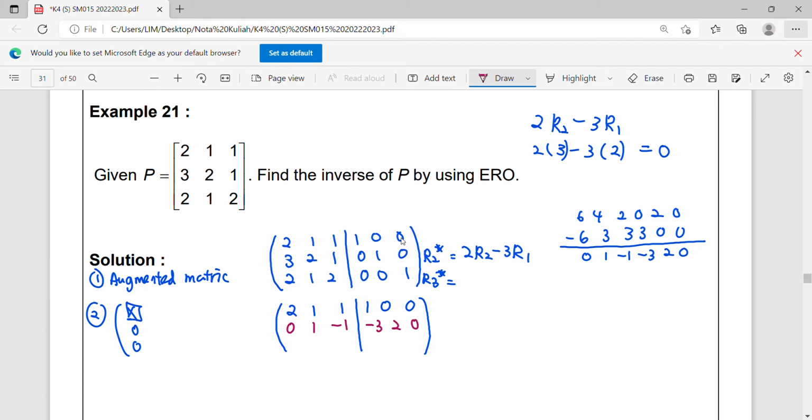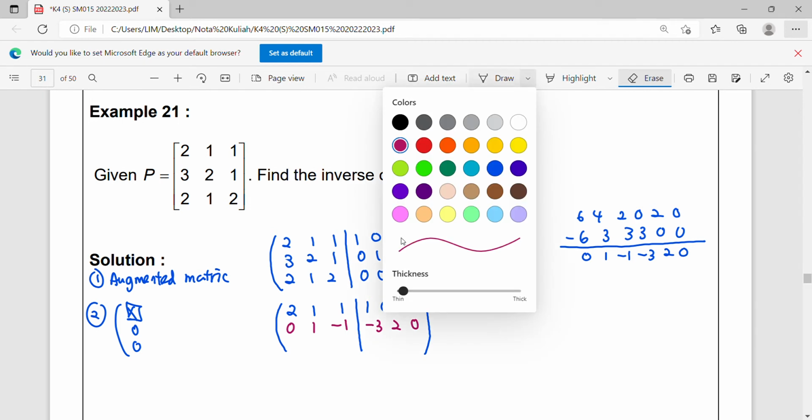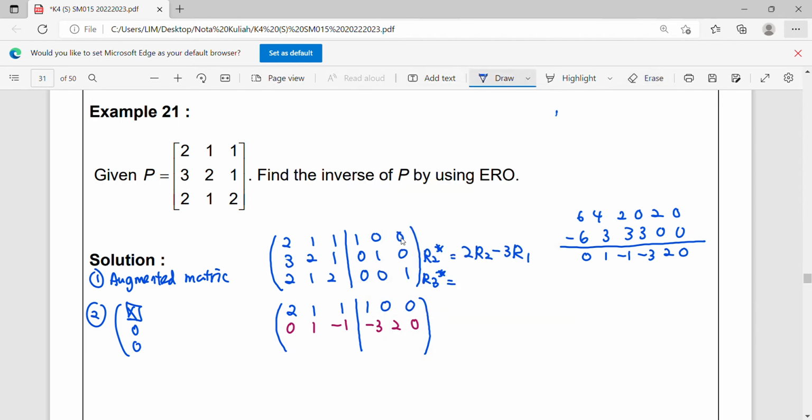So now we proceed to row 3 that we need to change. So row 3, the operation you have to do with row 1. Cannot use row 2 because row 2 is a changing variable. Alright, so row 3 value is 2. Row 1 value is also 2. Let's just minus, enough to get 0.